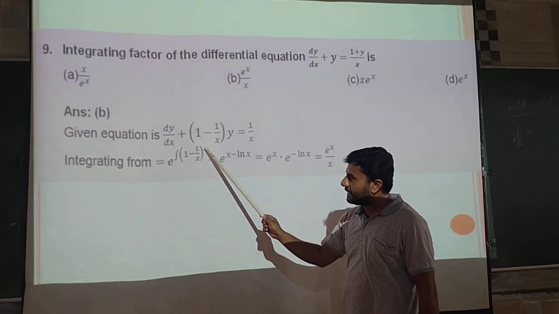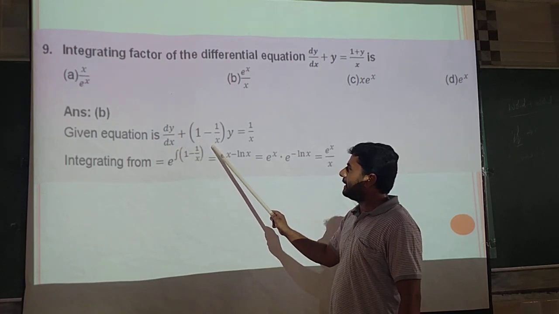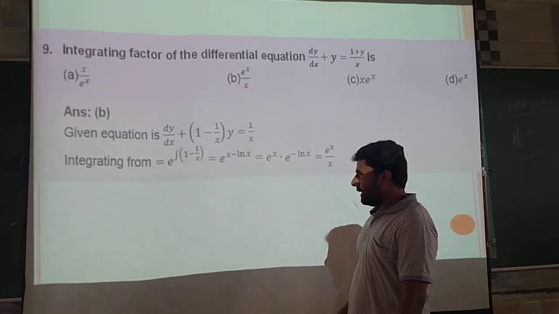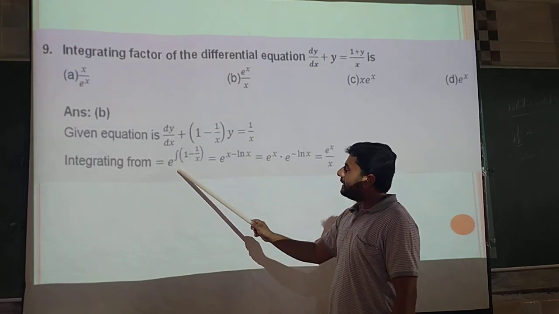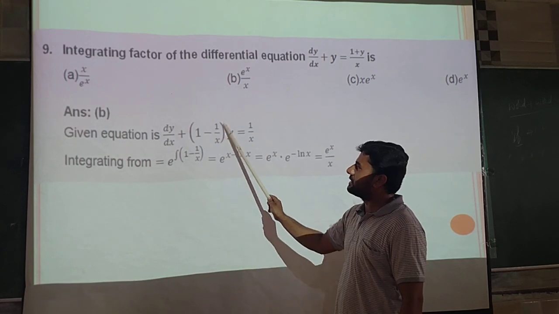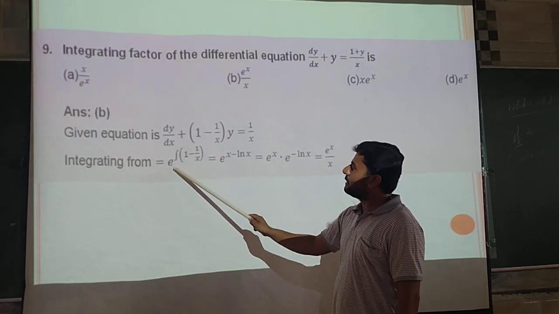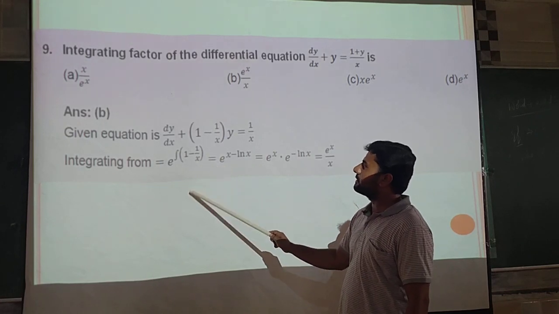So this is a linear differential equation of the form dy by dx plus p into y is equal to q. The integrating factor is e to the power of integrate of p, which is 1 minus 1 over x, with respect to x.